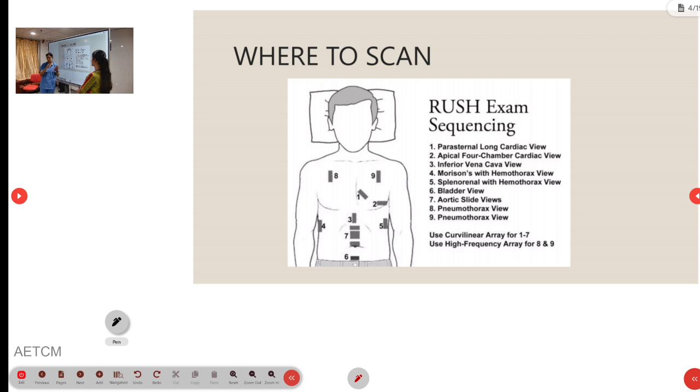Then seventh is the aortic view. We can view it either as short axis or longitudinal. And eight and nine is the pneumothorax, for which we usually use the linear probe with the pointer towards the head end.